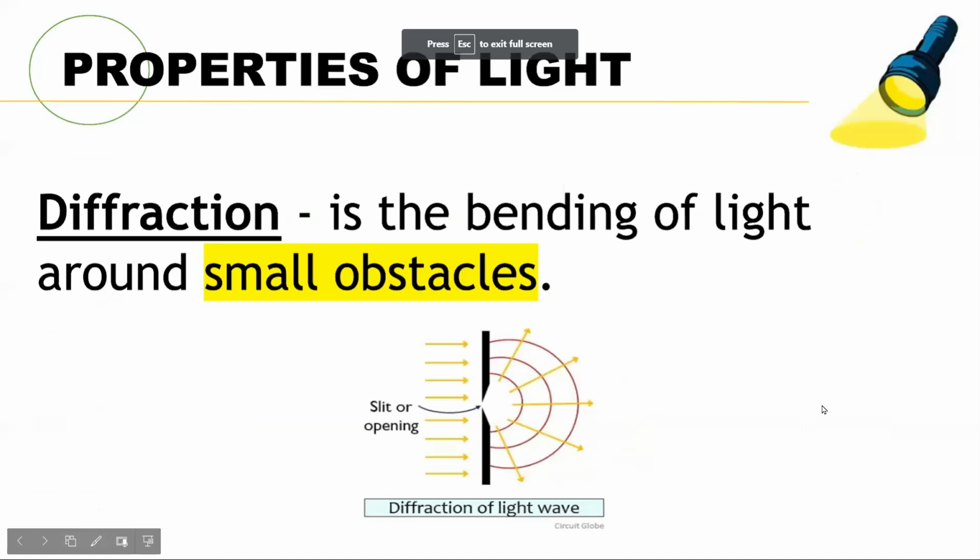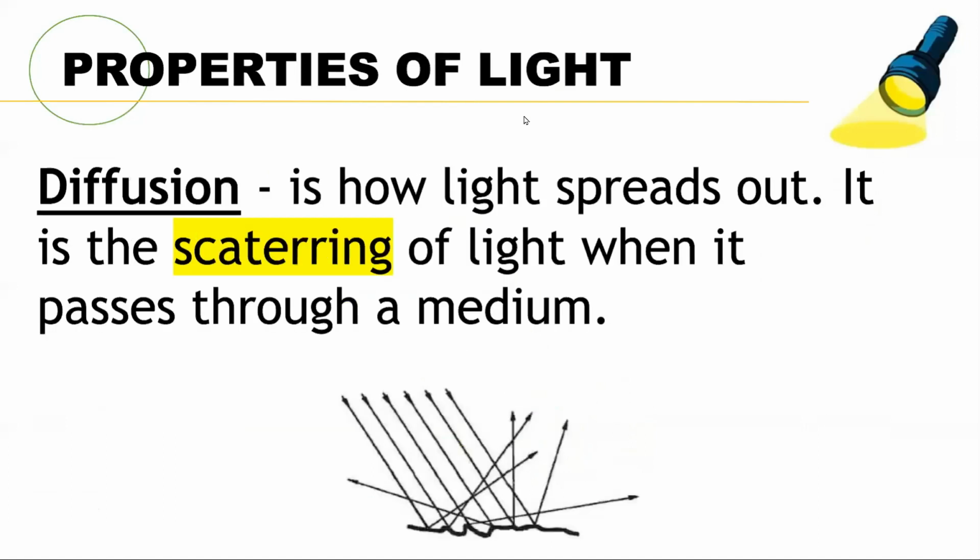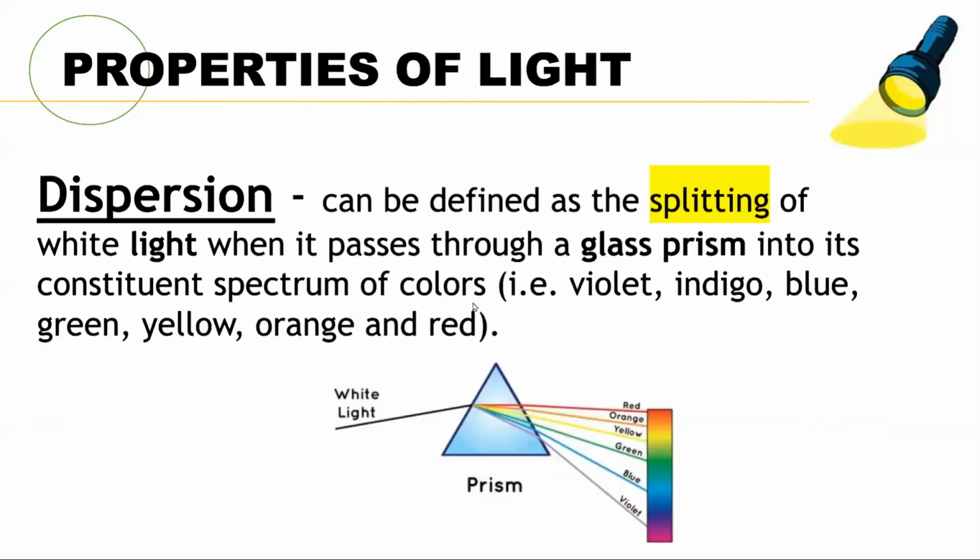So next one is we have dispersion. It can be identified as the splitting of white light when it passes through a glass prism into its constituent spectrum of colors. Okay? Dispersion, ang iyang function is to split the white light.